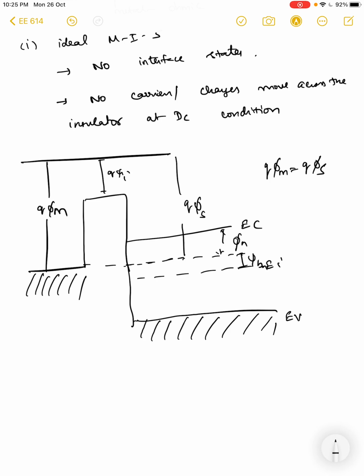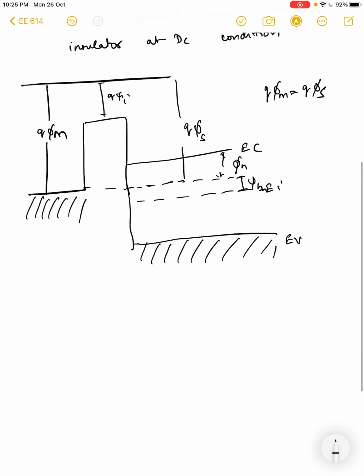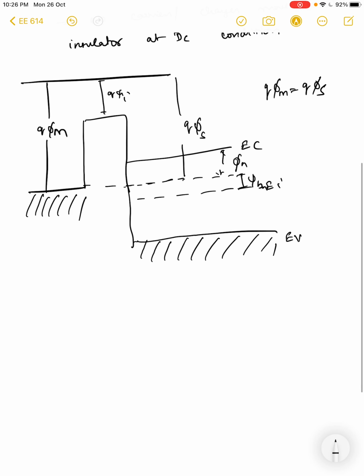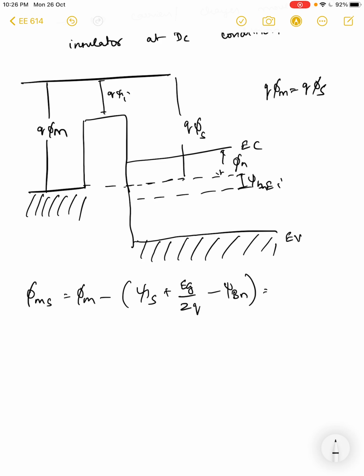Okay, so now the same thing if I write the metal semiconductor work function difference, which will turn out to be psi m minus psi s plus energy gap by 2q minus psi bn, right, which will turn out to be psi m minus psi s plus psi n.